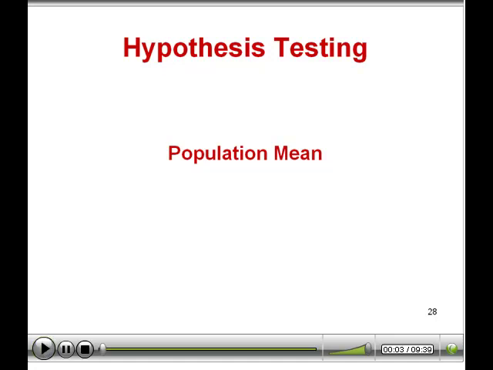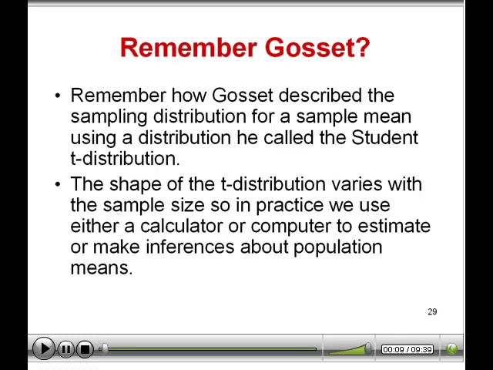Next, we turn our attention to testing hypotheses about population means. Just as the secret to testing hypotheses about population proportions was the sampling distribution for a proportion, the secret to significance testing for population means is also the sampling distribution of a sample mean.